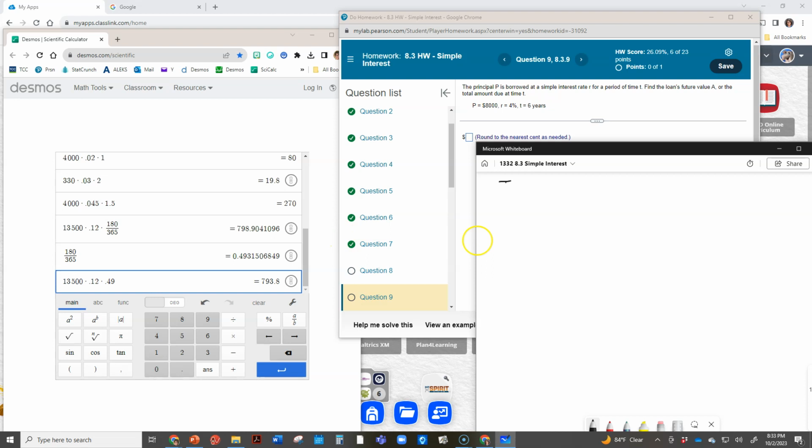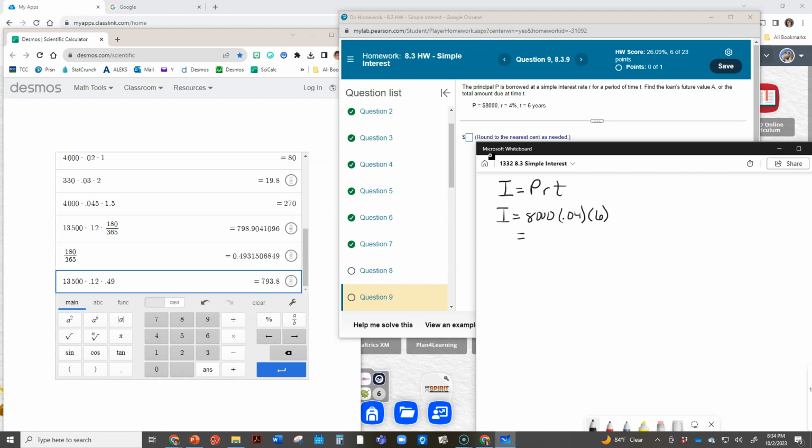The only reason that I say this is because some students find it easier to do it in 2 steps instead of just using one formula. I don't care how you do it as long as you know how to do it. So if we do the same formula that we did a while ago, we would find the interest on $8,000 at 4% interest, so I'm going to multiply that times 0.04 times 6 years.